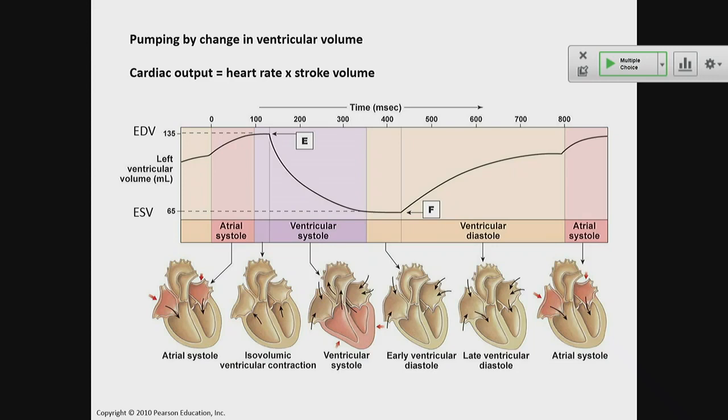I already mentioned that the atrium and the ventricle don't contract at exactly the same time. The atrium contracts first and pushes blood into the ventricle, and then when the ventricle has filled, the ventricle contracts. We call the atrial contraction the atrial systole, and the ventricular contraction the ventricular systole.